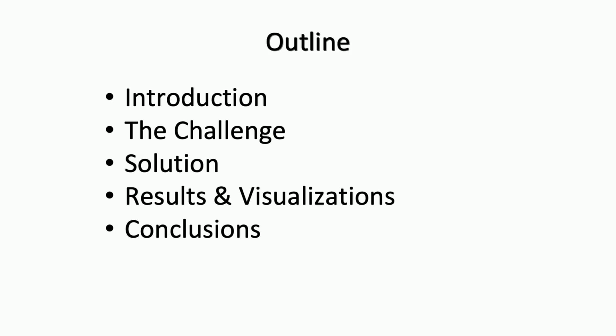First, let us go through the outline. Today, I'm going to give a background introduction, and then we'll describe the challenge in our research, and I will present the solution, and after that, I will show you the results and the visualization results, and then I will give our conclusions.